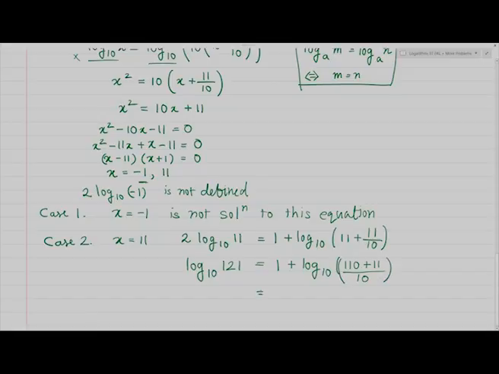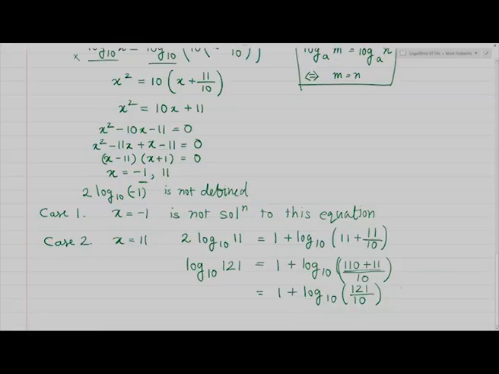So, this is also equal to 1 plus, what will this value be? 110 plus 11, it should be 121 log to the base 10 of 121 by 10, right.